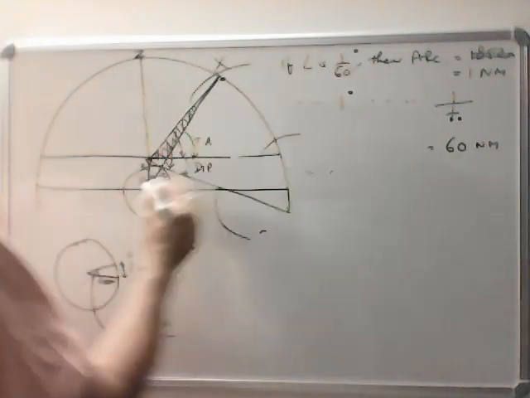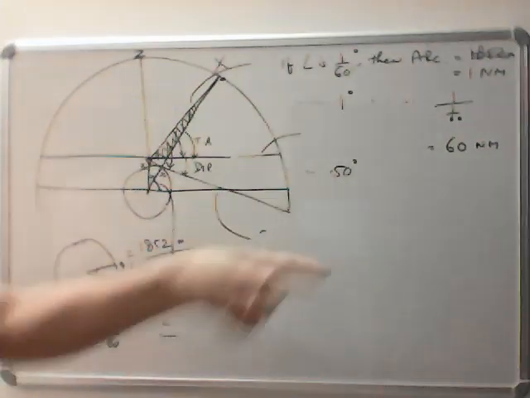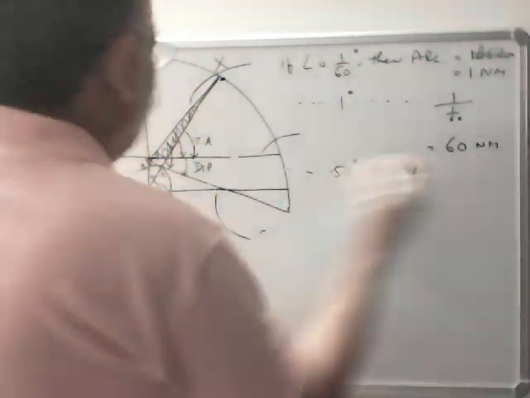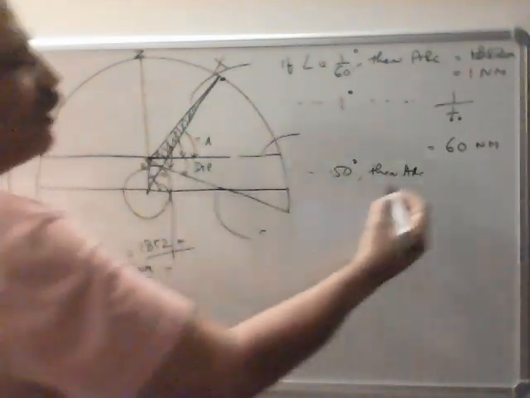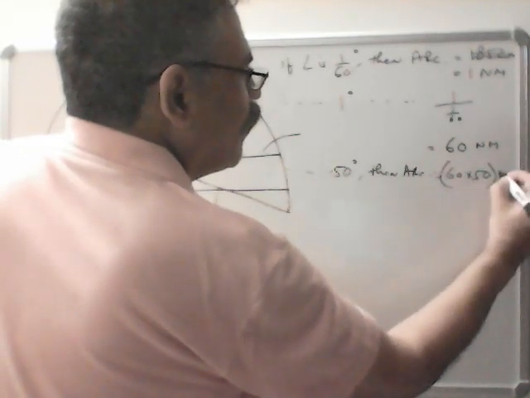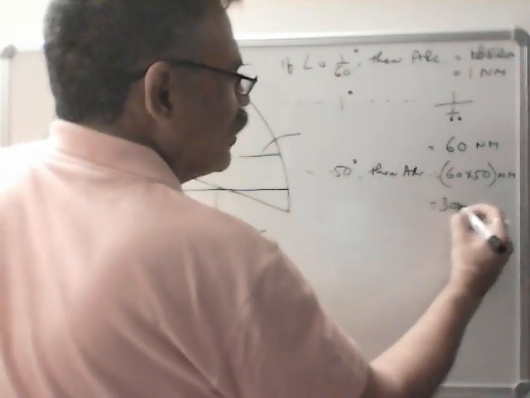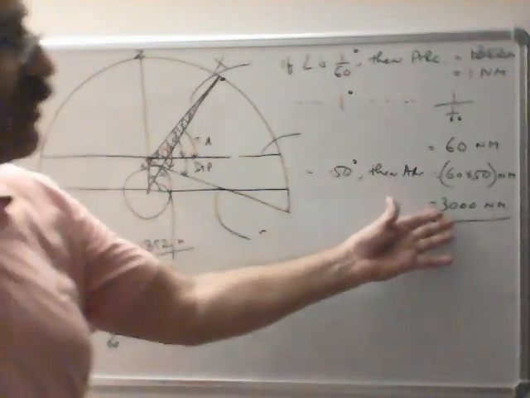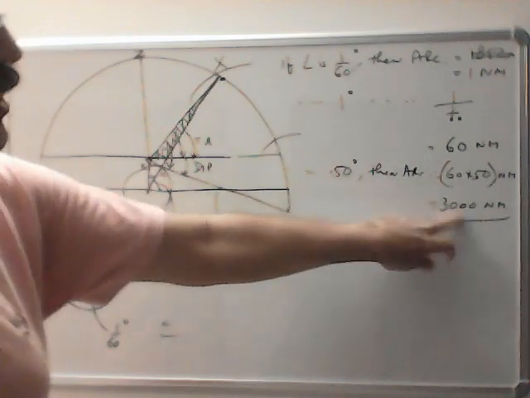And if this angle is 50 degrees, what we got from the sextant, then this arc, which is the distance of the ship from the GP, is equal to 60 multiplied by 50 nautical miles, which is equal to approximately 3000 nautical miles. So you got the distance of the ship from the geographical position, which is 3000.